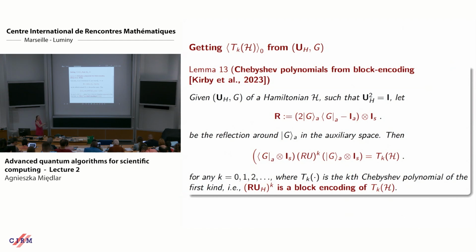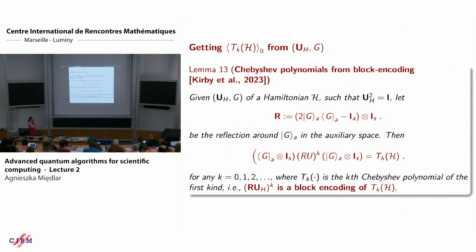So that R before was this 2 ket-bra minus identity. This was the reflection with respect to the standard basis. But you can do reflection with respect to whatever basis of the Hilbert space you have. This is just a more general framework in here. That's why I wanted to talk about it.